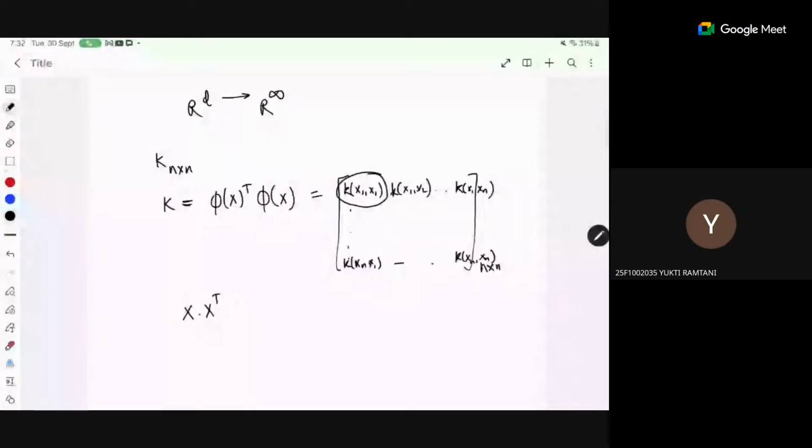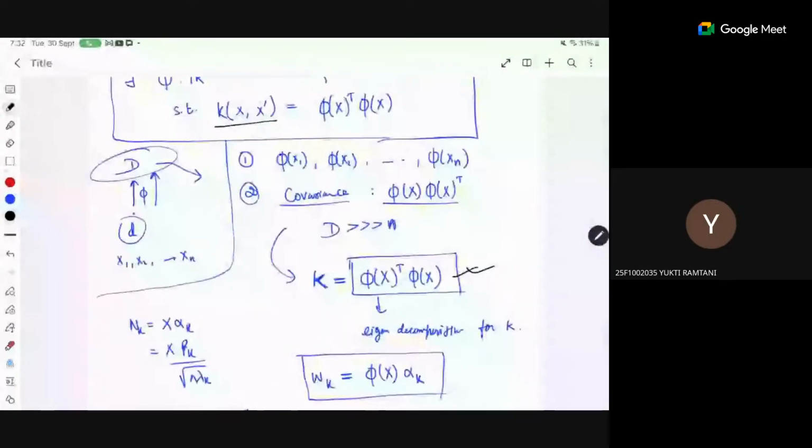No, you can't do it. See, why did we come to the kernel part? Why did we come to this phi of x transpose phi of x? Because in the lower dimension, where my data set originally was, there was a non-linear relationship between the features. So we have to move to the higher dimension to learn the linear relationships, where we can project our data set and learn the important directions.